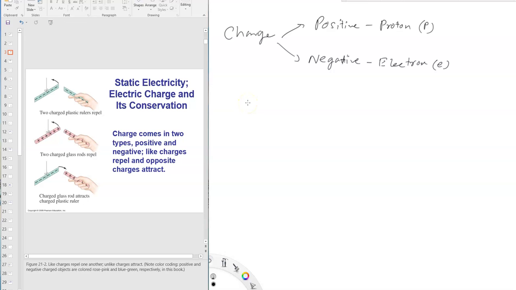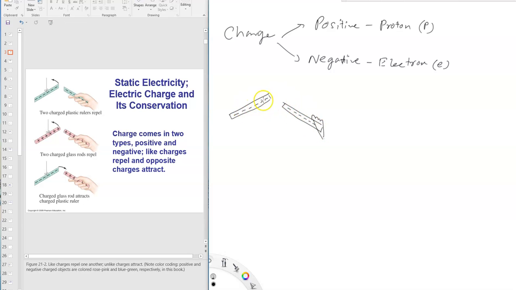The one on the left-hand side is hanging by a thread, and it's negatively charged. Then you bring another negatively charged ruler, holding it with your hand.